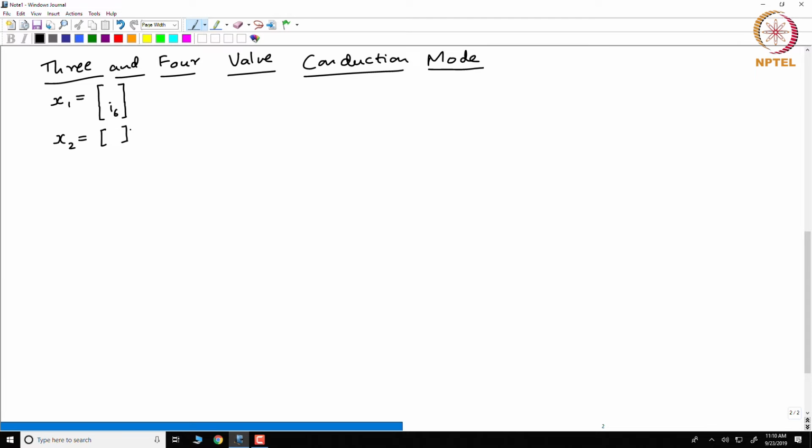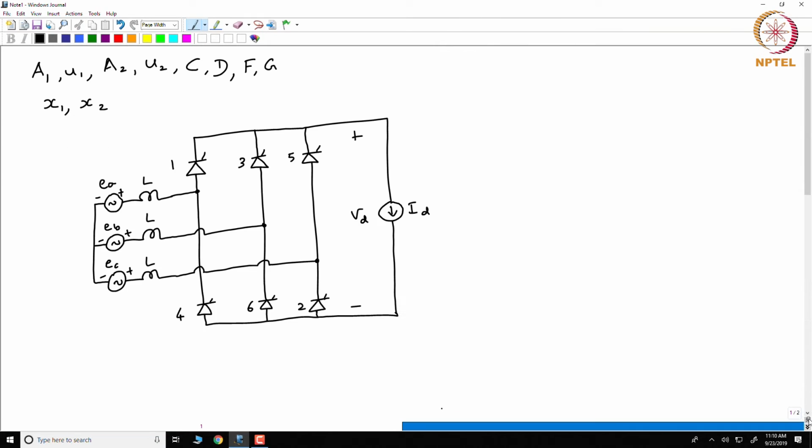Say, there are so many other quantities to be determined. A1, U1, A2, U2, C, D, F, G. Now, there is one equation which actually relates X1 and X2. What is that? In fact, there are 2 equations.